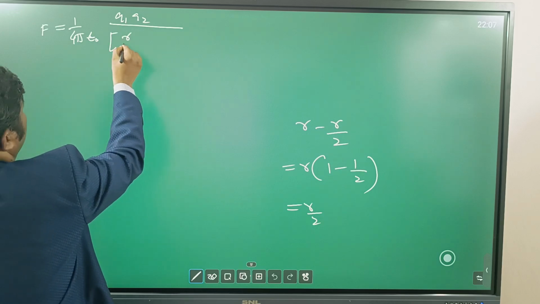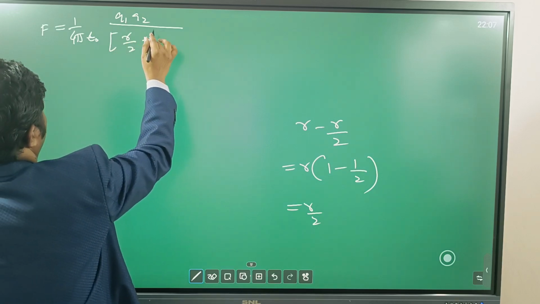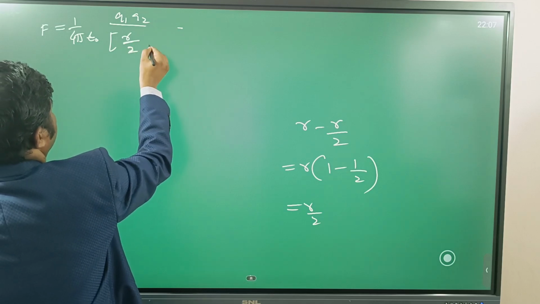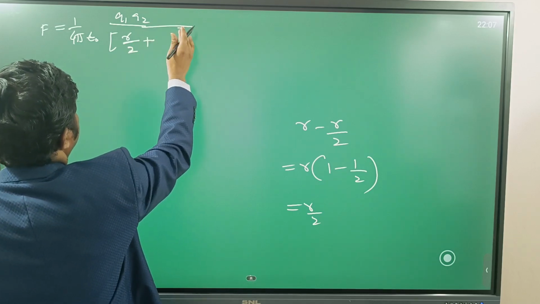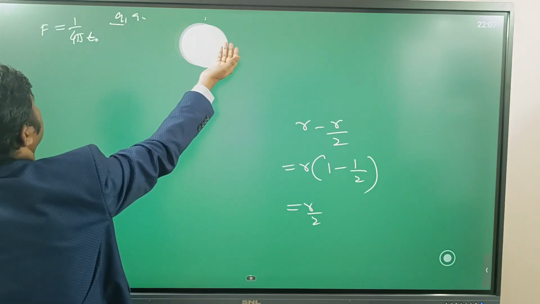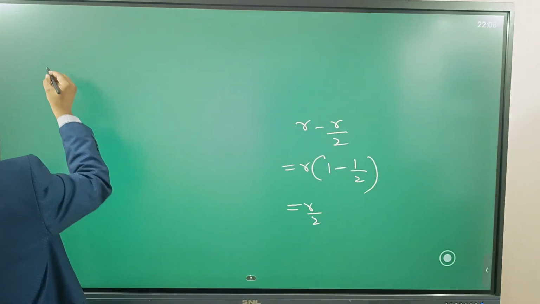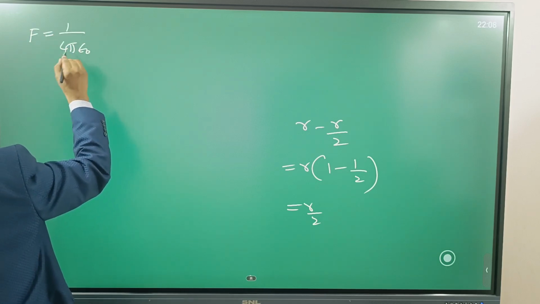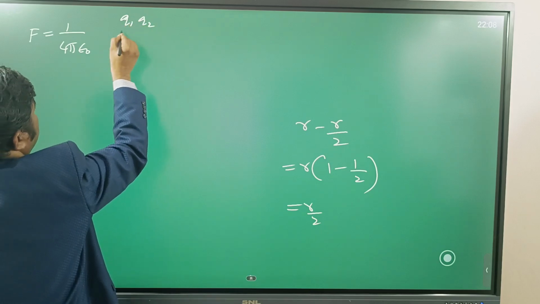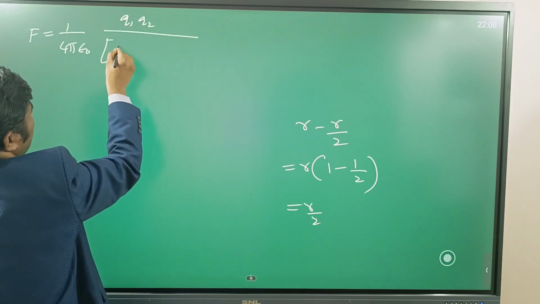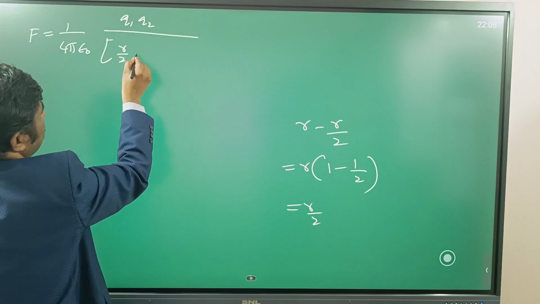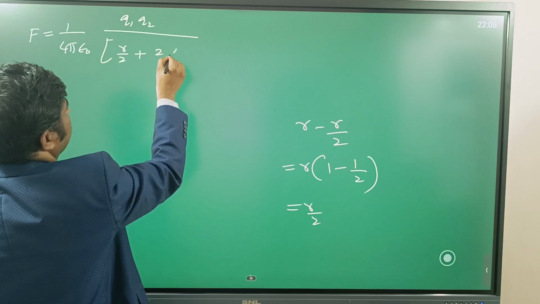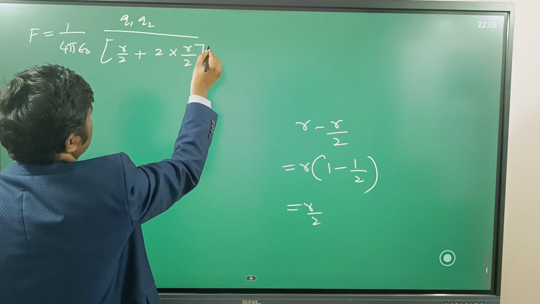So next, what am I doing? This is r by 2 plus square root of... I'll write one more time. F is equal to 1 divided by 4 pi epsilon naught, q1 q2 divided by, so that is r by 2 plus another one, the square root of 4 is 2, into r by 2, whole square.